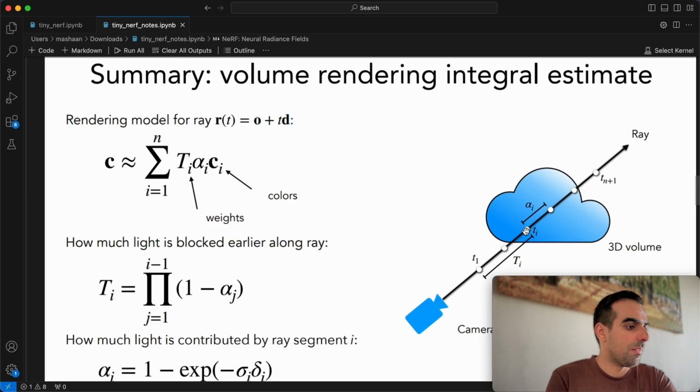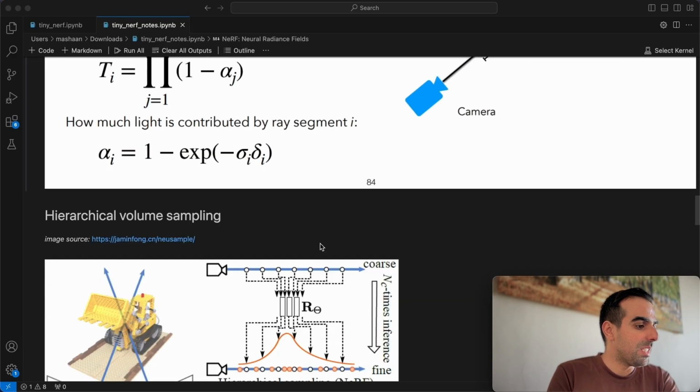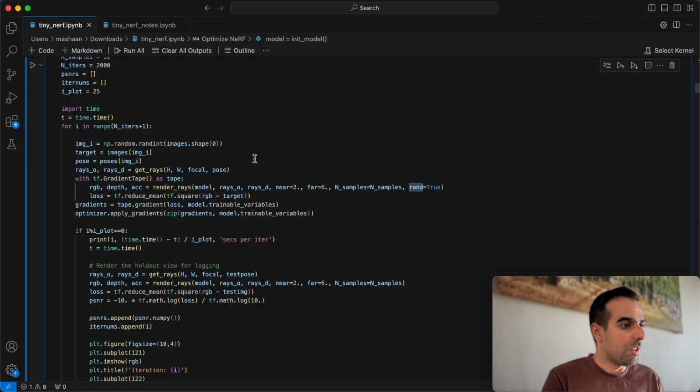Now here is one fundamental question about the sampling of NeRF. What if we sample a point that is in a void? There is no volume in there, or it's in a bad position. That's why NeRF is maintaining hierarchical volume sampling. It's important to mention that in tiny NeRF, here in this notebook, there is no coarse to fine sampling.